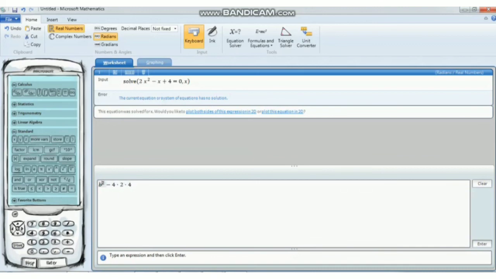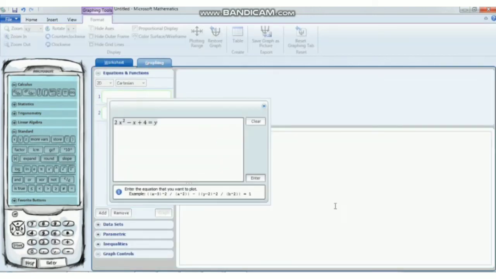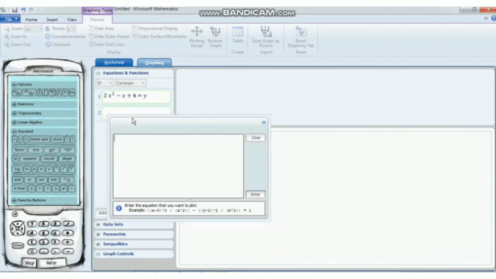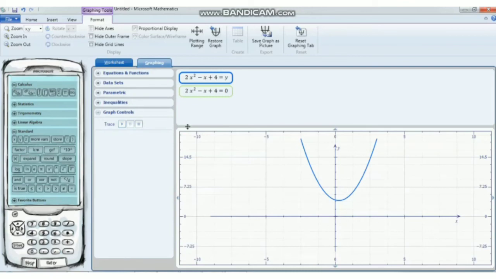The c is 4, a is 2, and b is minus 1. And the result is minus 31. It's a negative number. So we check it on the graph the same way as before. And then trace it. From the graph we know that the graph is not touching the x-axis anymore at all.